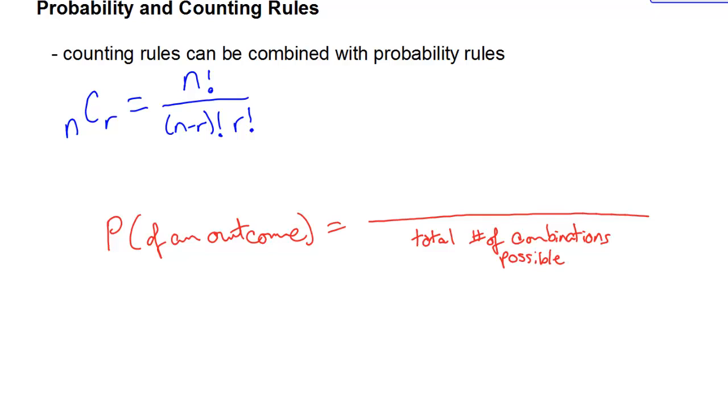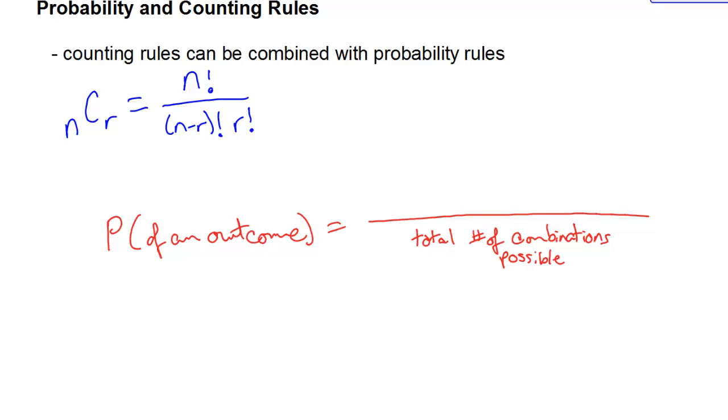This means it doesn't matter color, size, weight, whatever we're looking at, just everything grouped together and how many we're choosing out of that whole group.